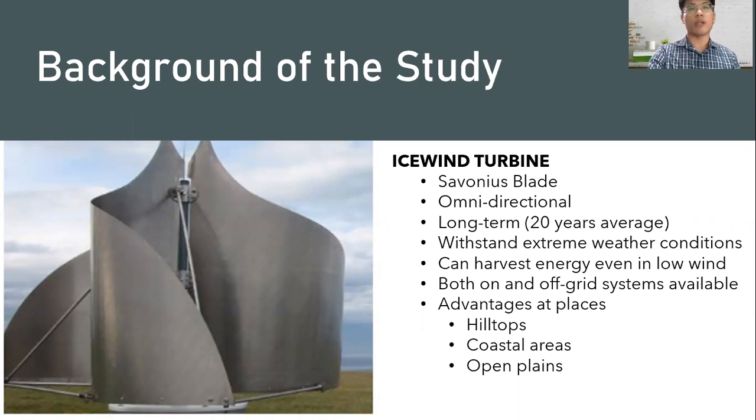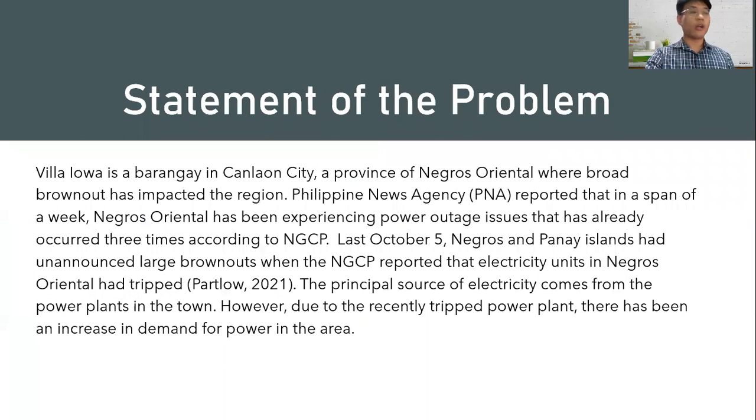So, for the statement of the problem, Villa is a barangay in Canlaon City, a province of Negros Oriental, where broad brownout has impacted the region. Philippine News Agency reported that in a span of a week, Negros Oriental has been experiencing power outage issues that have already occurred 3 times, according to the National Grid Corporation of the Philippines or NGCP.